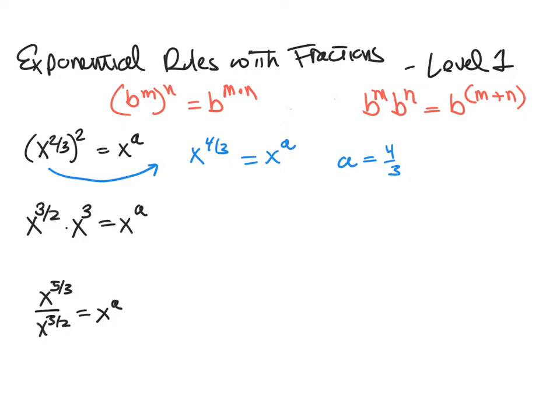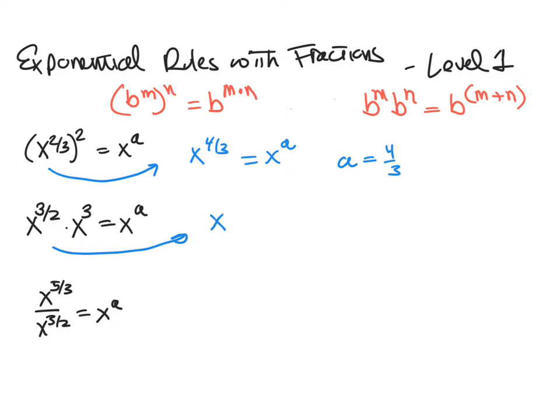All right, let's try another one here. I'm going to go and grab this piece on the left-hand side and simplify it. So I've got the product of these two base to powers, which is an example of this guy over here. So we're going to add these two exponents together.